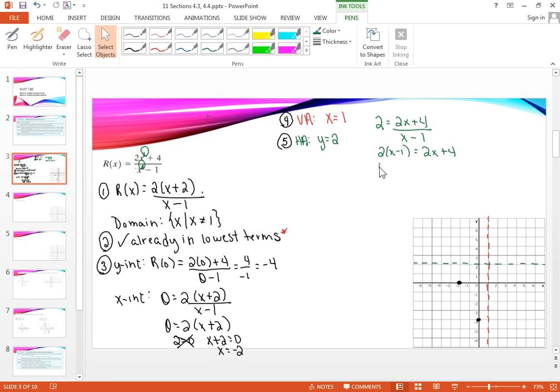Let's see. So 2x minus 2 equals 2x plus 4. If I subtract 2x from both sides, they cancel out, and I get minus 2 equals 4, which doesn't make any sense at all.